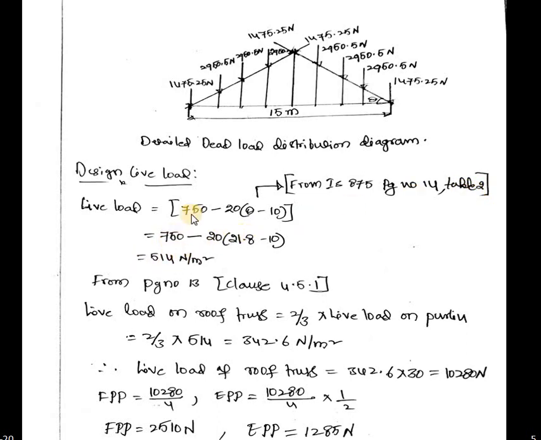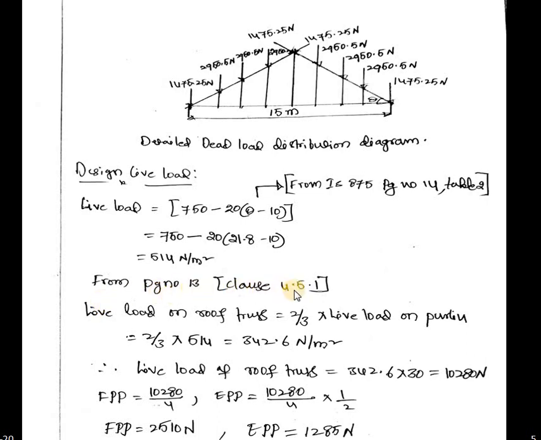Coming to this, it is 750 minus 20 times theta minus 10. Theta value is 21.8 for our problem. Finally we got the live load value as 514 Newton per meter square.